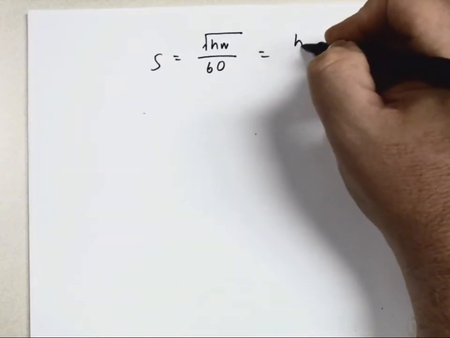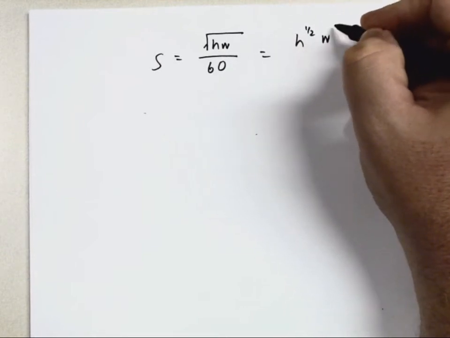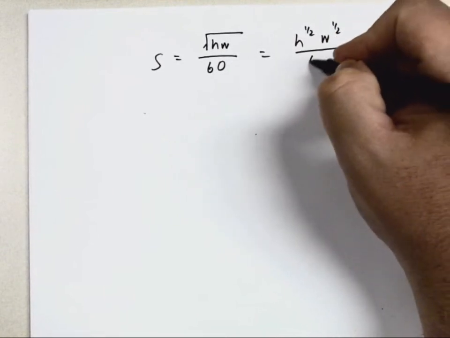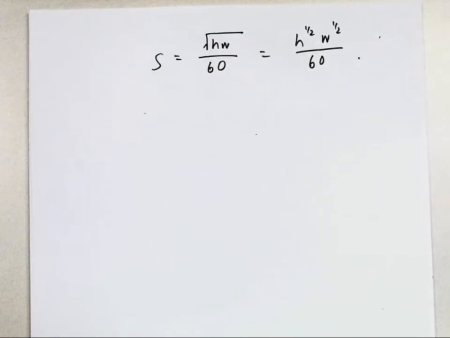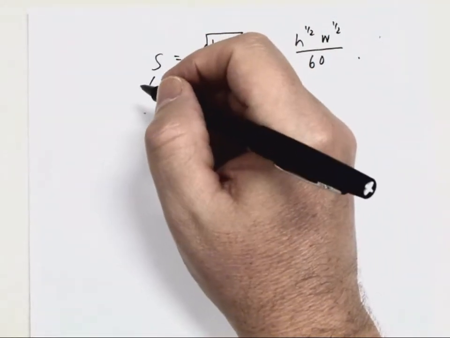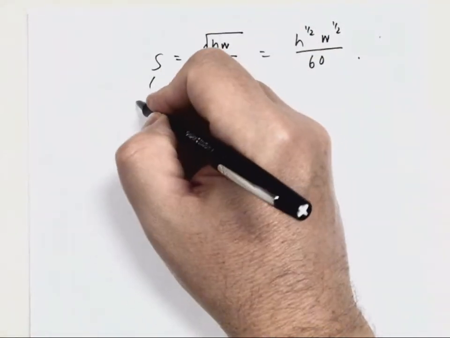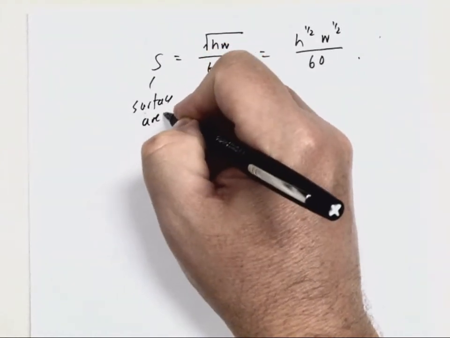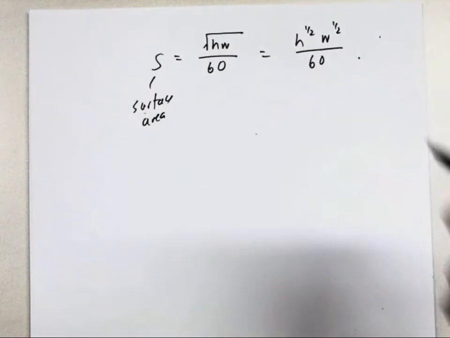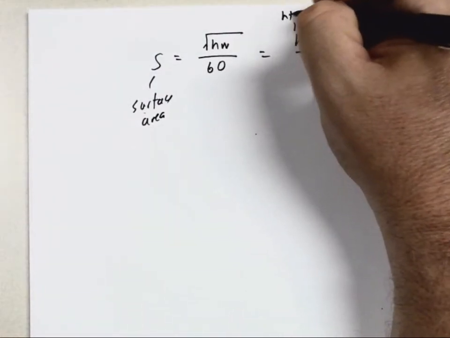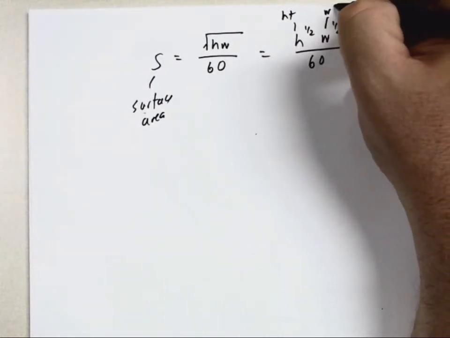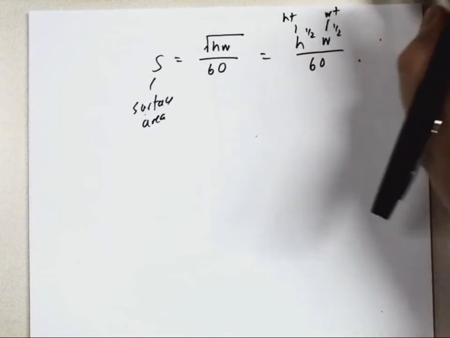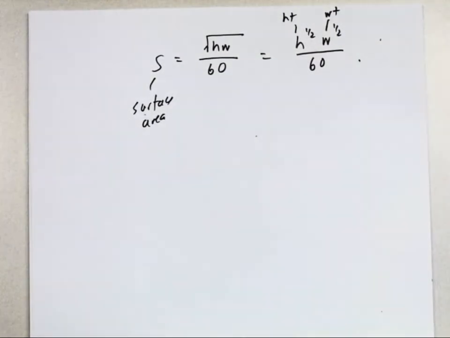So actually, it looks like this, where S is the surface area of the person's body, H is the height of the patient, W is the weight. So they have this little equation that says if we know the height of the patient and the weight, we can figure out the surface area.